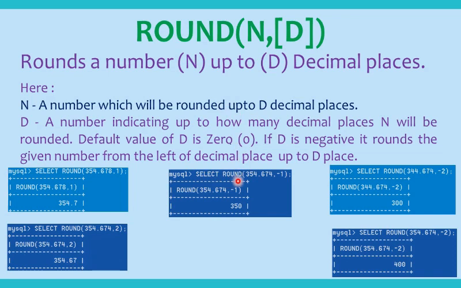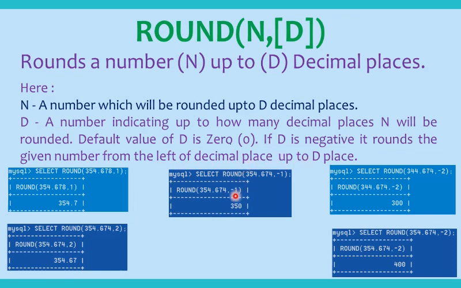Now see another example. Select round 354.674, comma minus 1. Now if d is a negative number, it rounds the given number from left of decimal place up to d place.